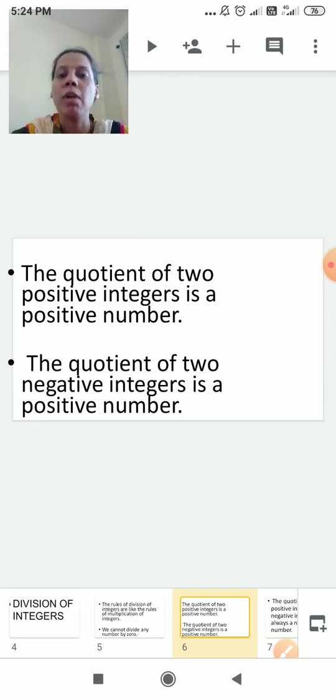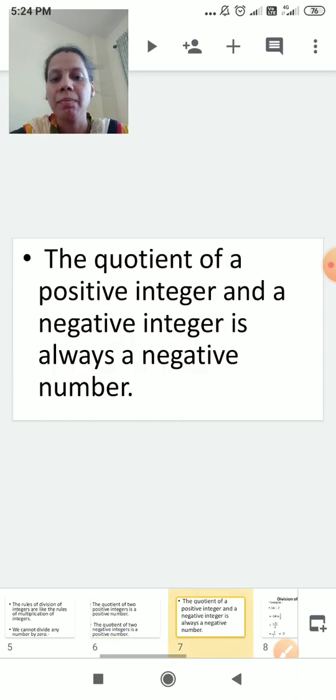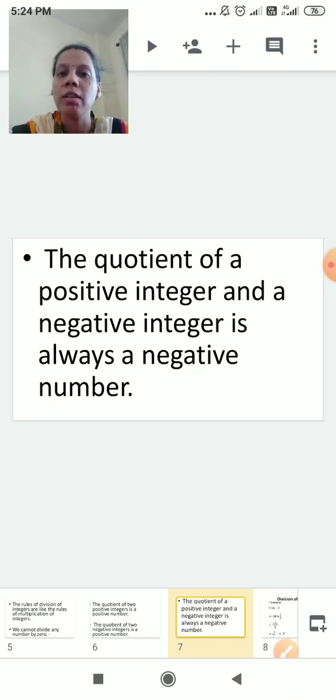It is the same as multiplication of integers. And the third rule is, the quotient of a positive integer and a negative integer: if one number is positive and one is negative, then the answer, or the quotient, is always a negative number.